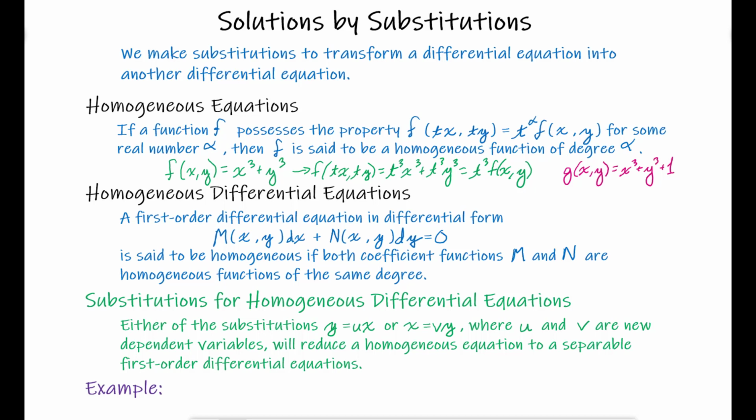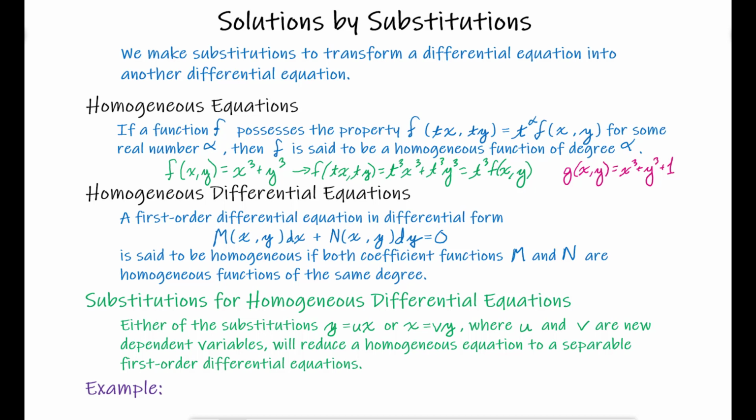If we have a homogeneous differential equation, then we can make a substitution that will transform it into a separable differential equation, and then we'll be able to solve it.